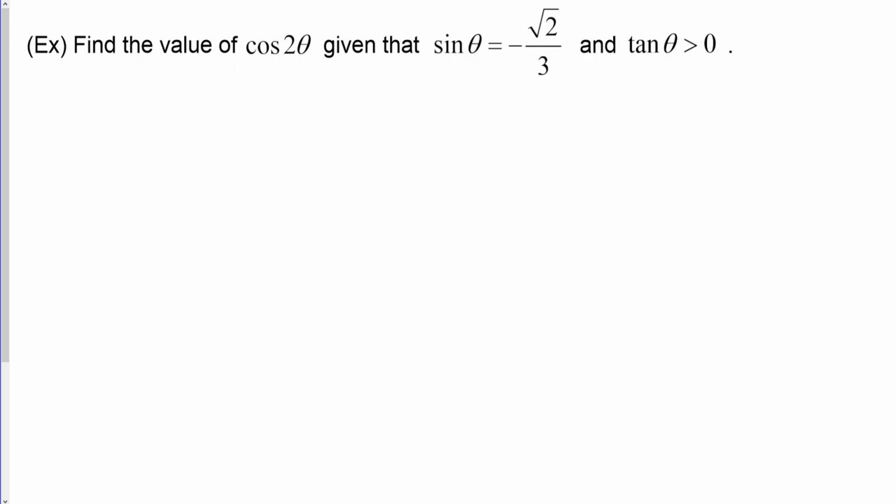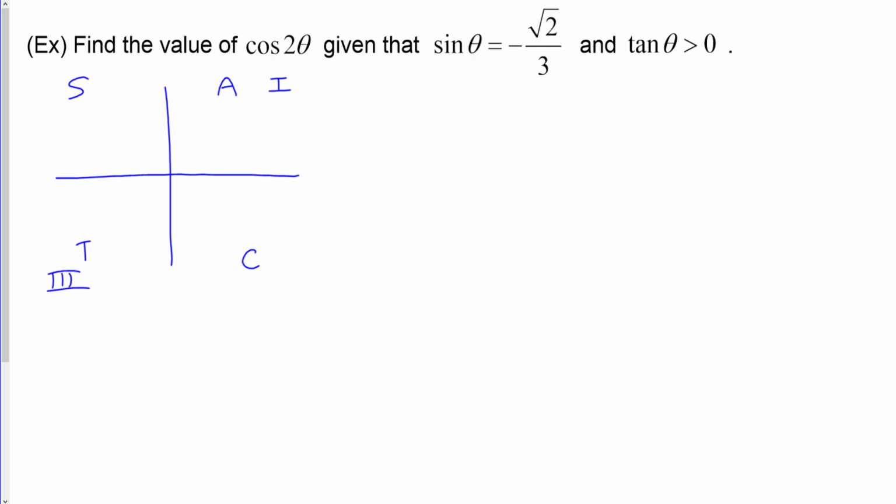Okay, so we're not told what quadrant we're in, but we're given some clues. For instance, all students take calculus. Tangent is greater than 0, so we're either in quadrant 1 or 3.